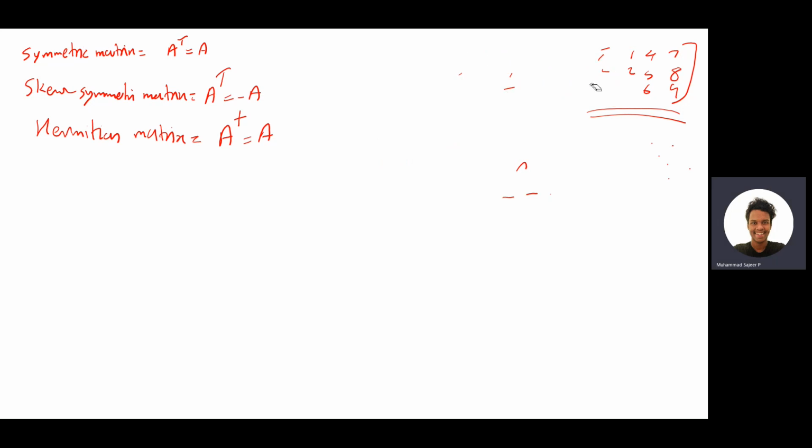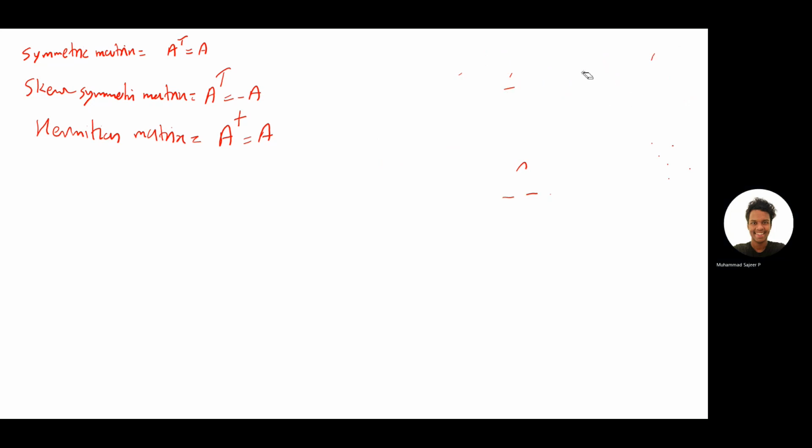And let me just clean this. Okay, Hermitian matrix. So these are the common matrices, and there are some other tricks.